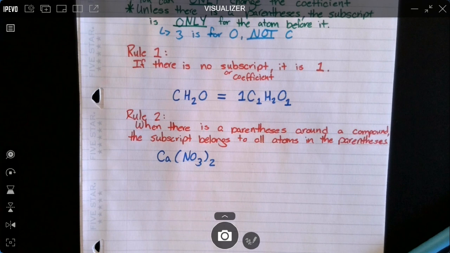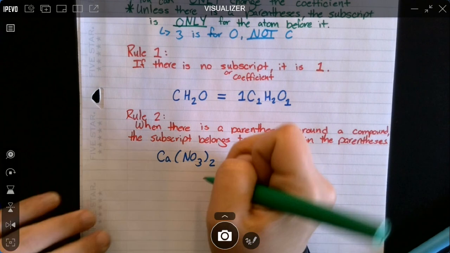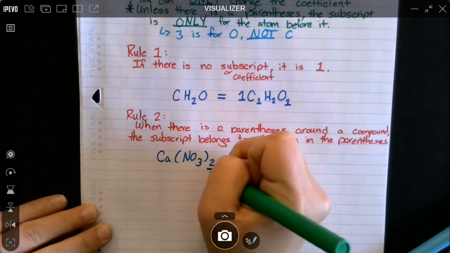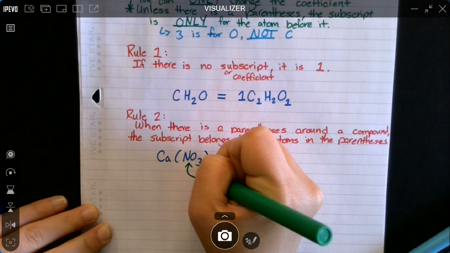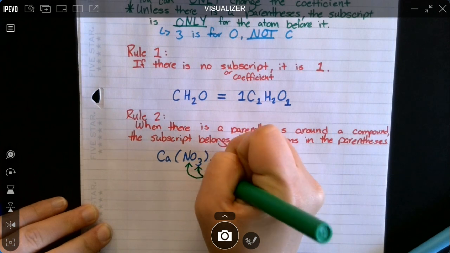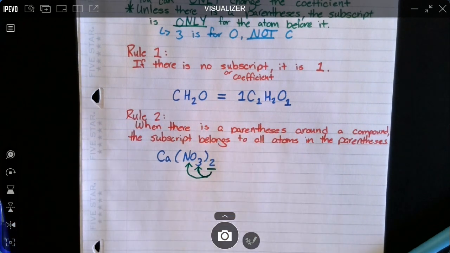So in my example, NO3 is in parentheses. This 2 right here belongs both to the N and to the O. And much like math, if something's in a parentheses, you multiply by the outside. So if it's 2 parentheses 5x, you're doing 2 times 5.